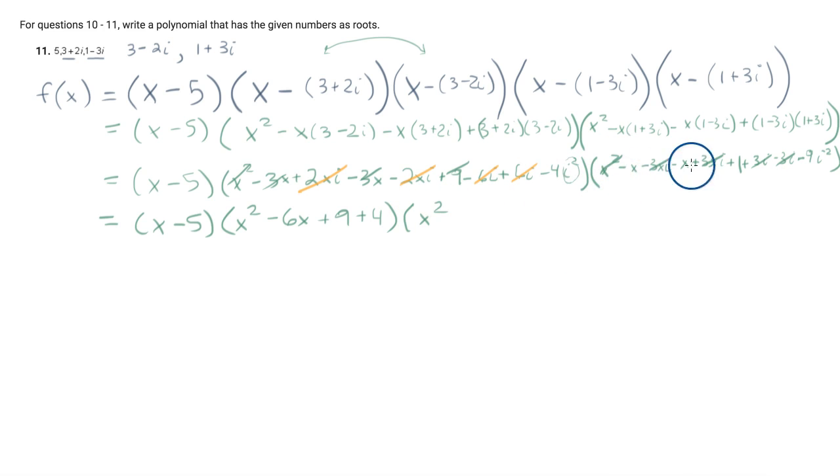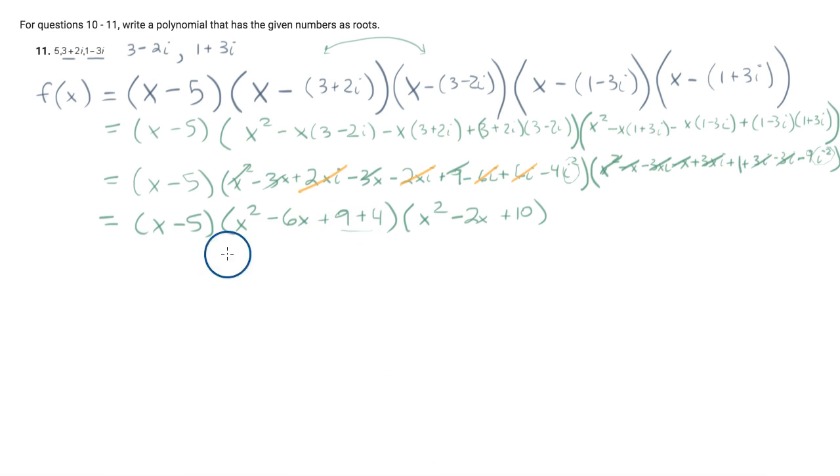We'll have negative x minus x, that's negative 2x. And we'll have 1 minus 9 times negative 1. So negative 9 times negative 1 is positive 9. So we'll have 1 plus 9, which is 10. Looking a lot better.